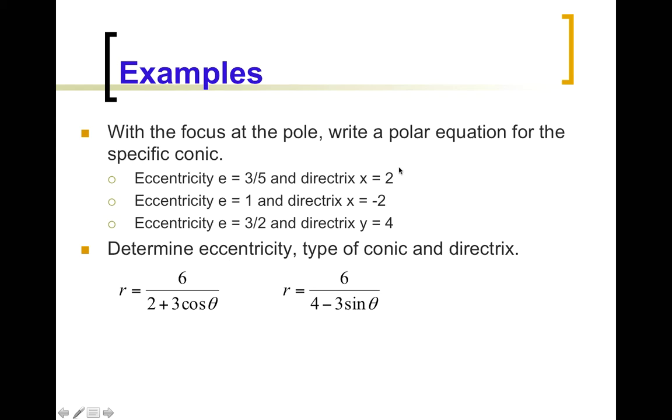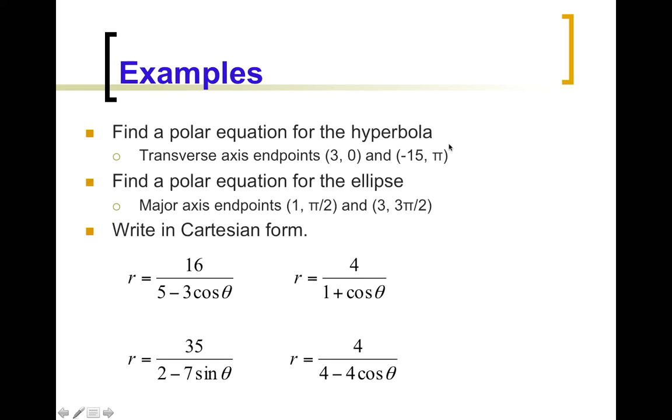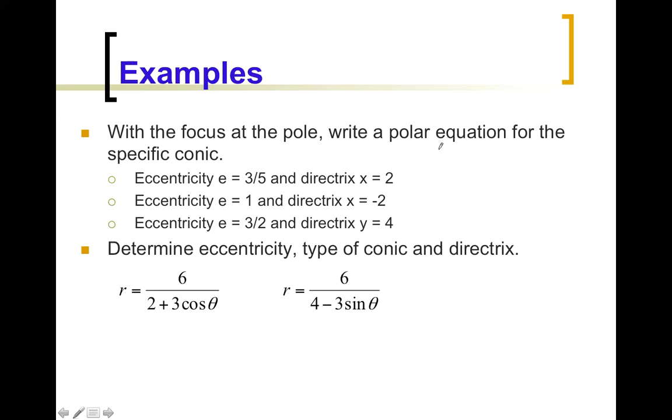And because x is a positive number here, it's going to open to the left. So basically we're going to get an orientation like this, because x equals 2 is out here.